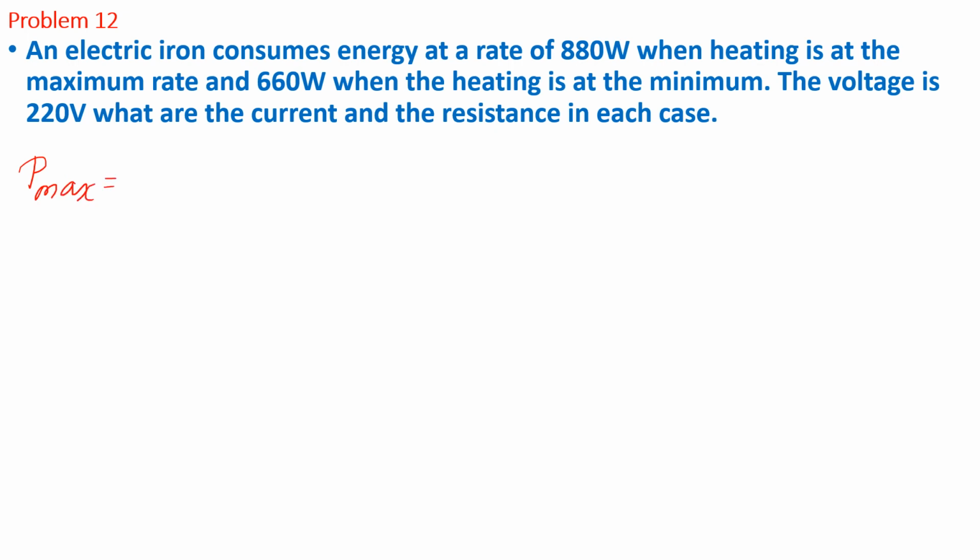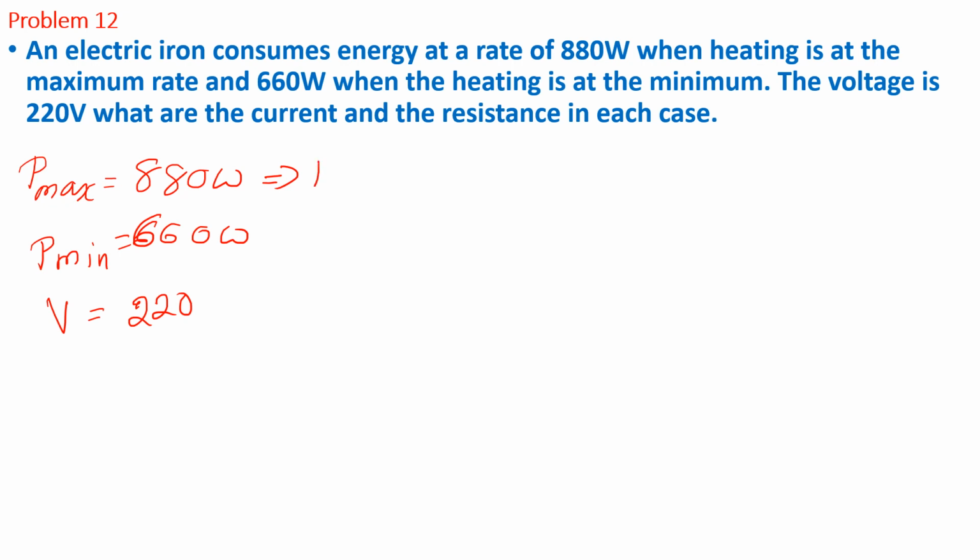The maximum power consumption is 880 watt when heating is at the maximum, and at the rate of 660 watt the power consumption will be minimum, that is when the heating is at the minimum. The voltage V is 220 volt, they have already given. Then what are the currents and resistances in each case? So we shall see this.